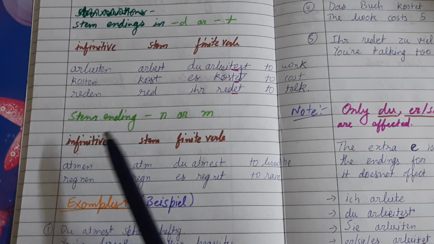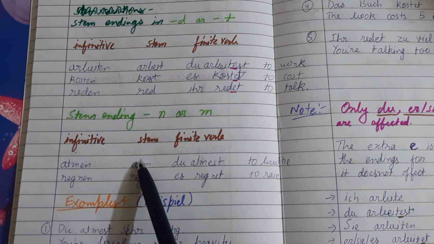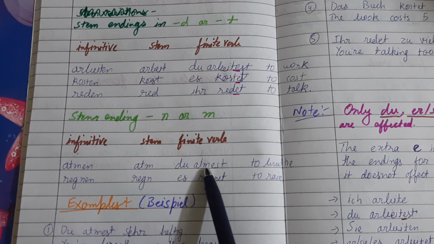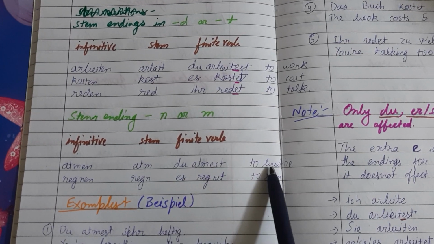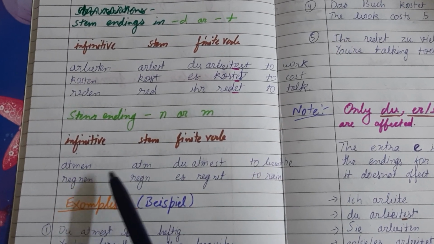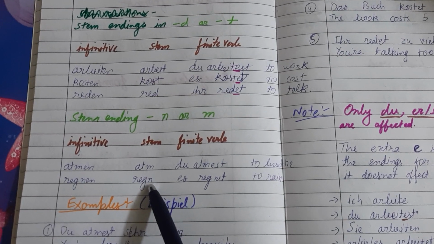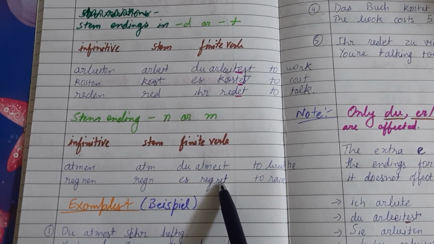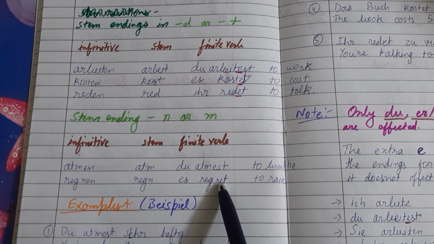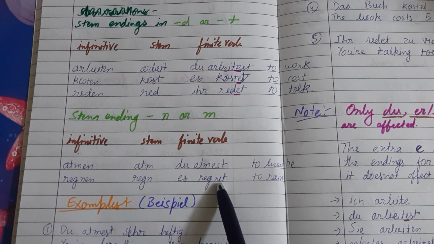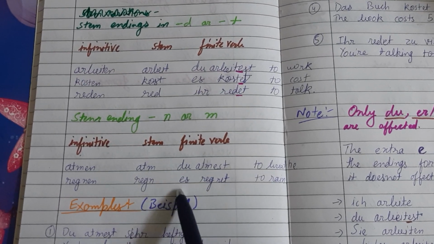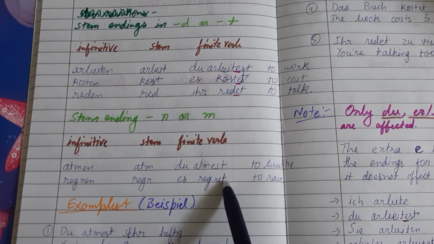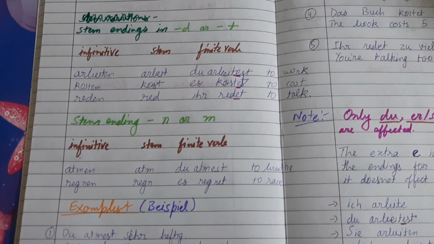Atmen means to breathe, with stem atm, which gives du atmest, and regnen, whose stem's last character is n, so we say es regnet. So we add an e in front of the last character, because it will be difficult to pronounce if we don't have a vowel there.